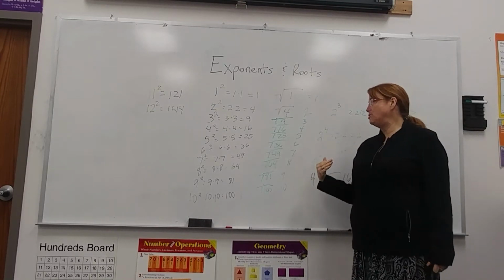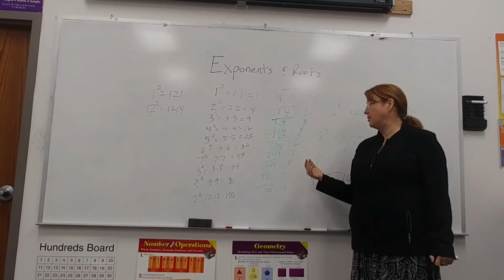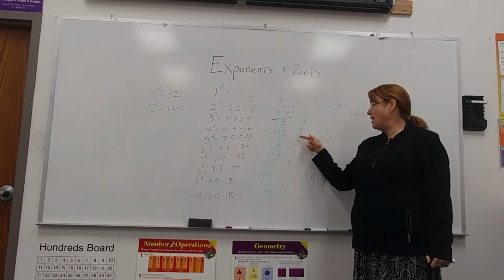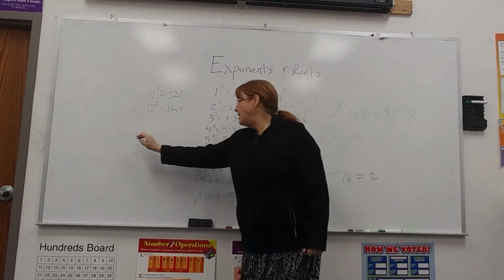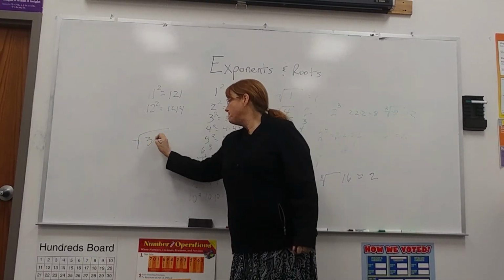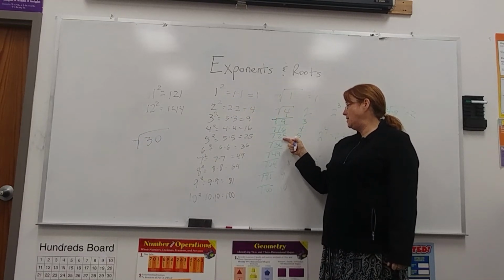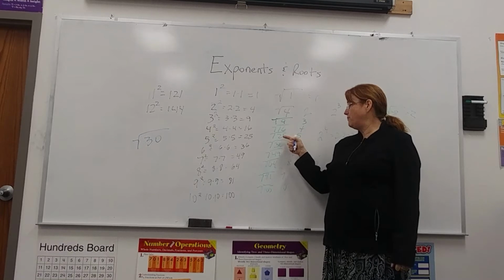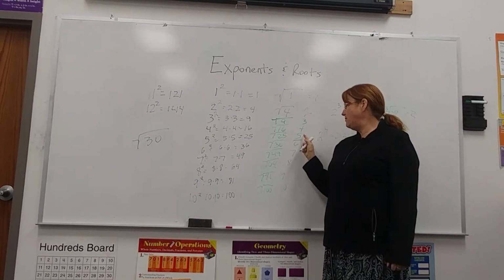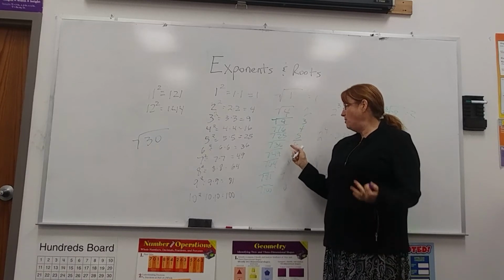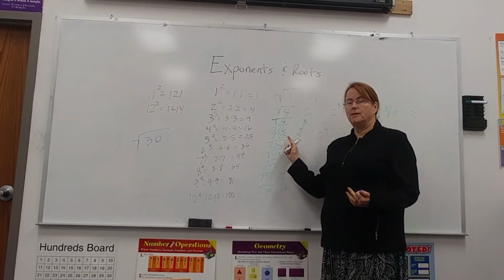What I have seen them do is, if they don't let you use a calculator and it's something in between, say the square root of 30, it falls between the square root of 25 and the square root of 36. So the square root of 30 is going to come between 5 and 6.